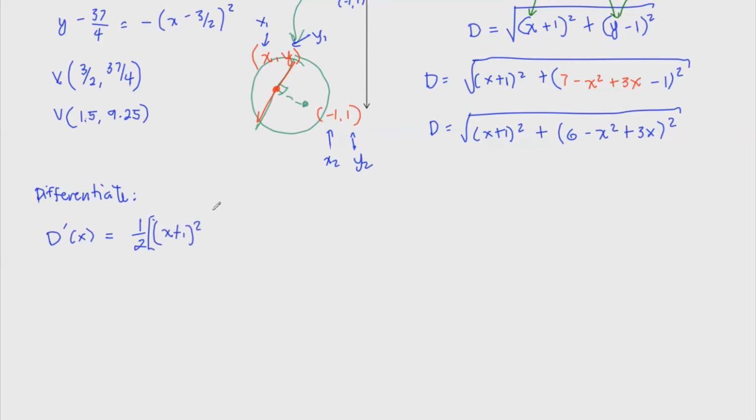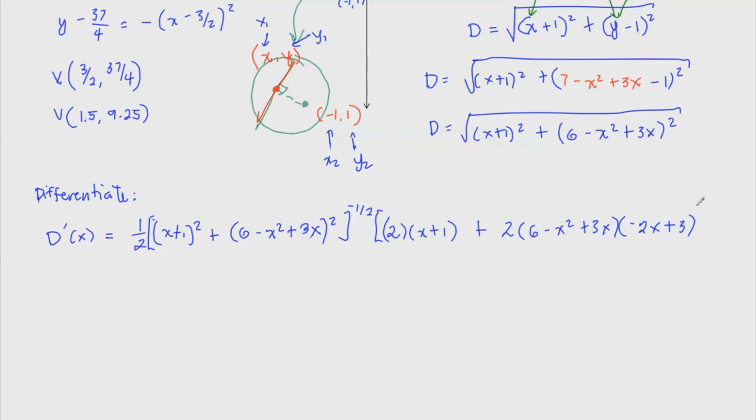Kakapahin ko lang muna yung nasa loob, and then (6 minus x squared plus 3x), and then that's squared, and then we raise this to negative 1/2, and then we multiply this with the derivative of what's inside. So that's 2, and then we have (x plus 1), okay, and then plus 2, and then (6 minus x squared plus 3x), and then that's multiplied with (negative 2x plus 3), okay, and then we can rewrite this.